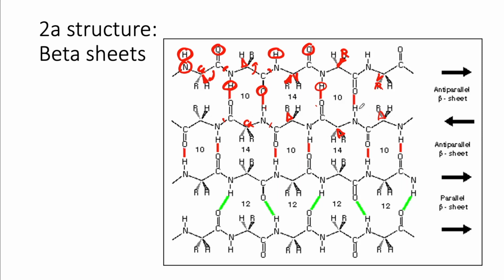So you've got this hydrogen in a hydrogen bond, the carboxyl oxygen in a hydrogen bond, the next amide hydrogen in a hydrogen bond, and the next carboxyl oxygen in a hydrogen bond. And again, these are very perfectly aligned, and so it's going to be able to make a very low energy hydrogen bond. It's just the ideal situation, and so anti-parallel beta sheets are very stable.